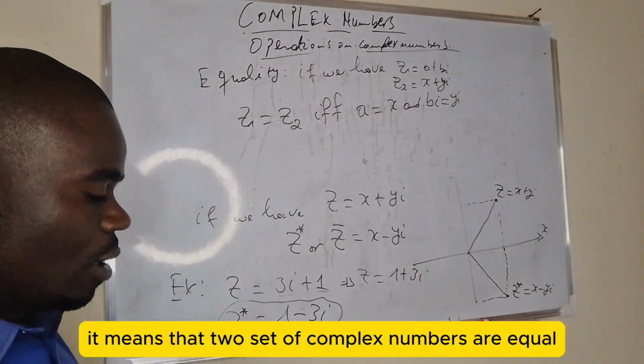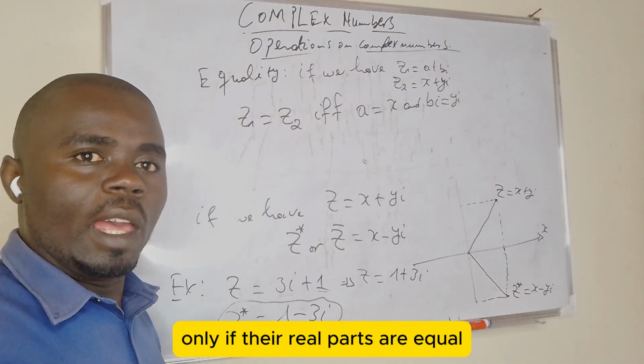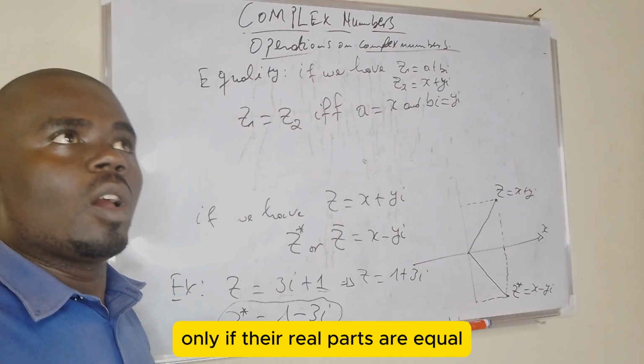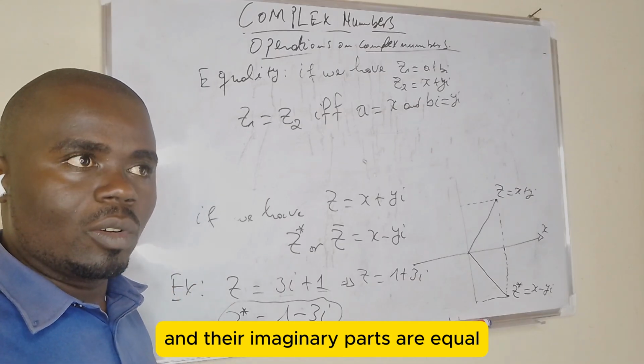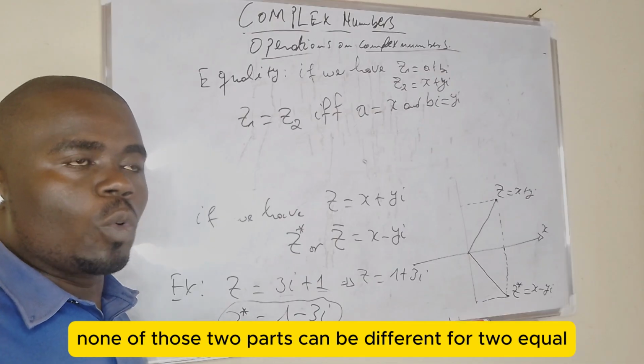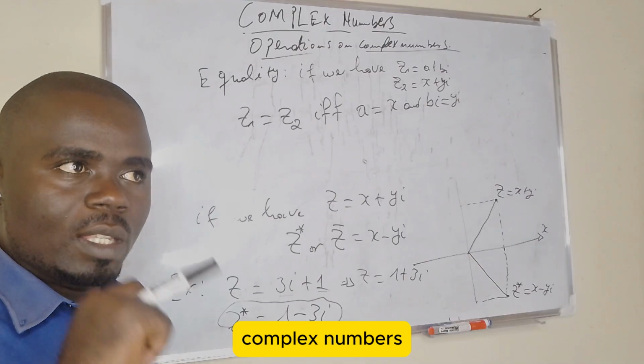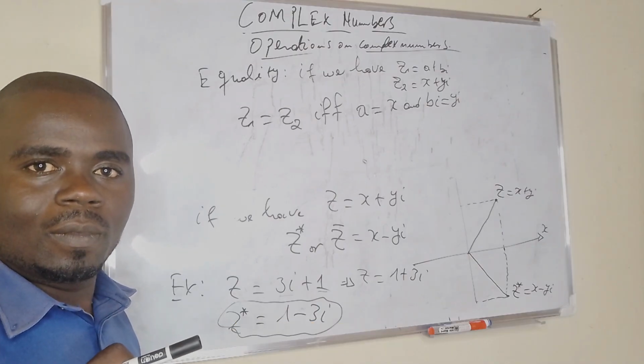It means that two complex numbers are equal only if their real parts are equal and their imaginary parts are equal. You understand the 'and'? And means none of those two parts can be different for two equal complex numbers. Do you understand?